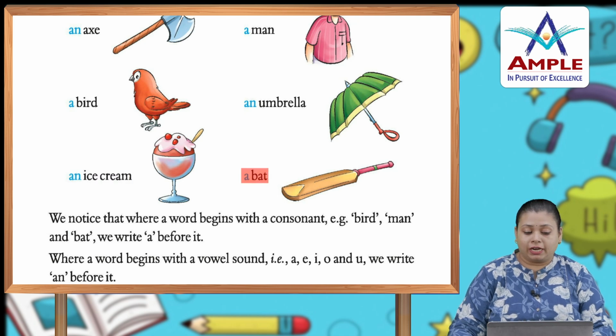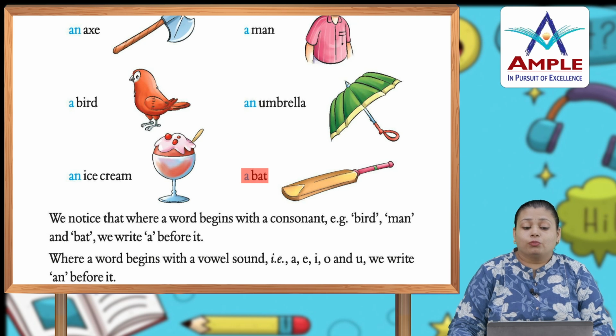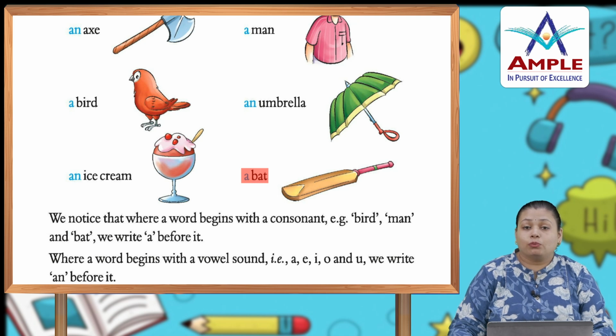As you can see, we put An when the word starts with a vowel letter, like an ice cream, an umbrella, an X. And we put A when the word starts with a consonant, like a man, a bird, a bat.